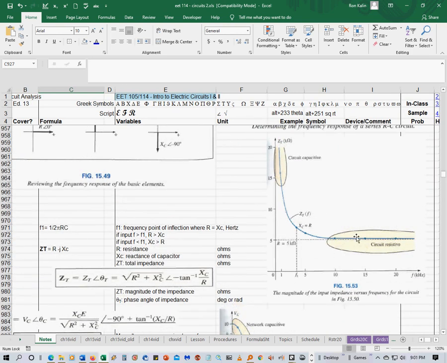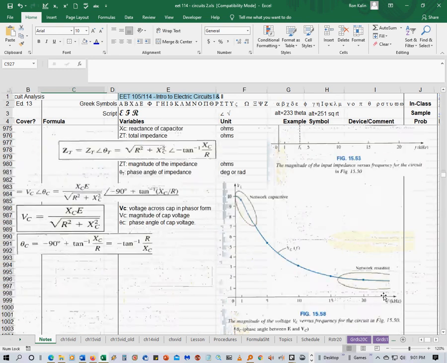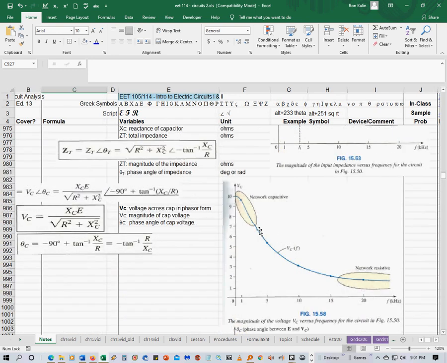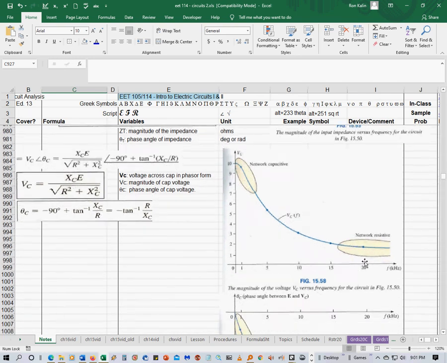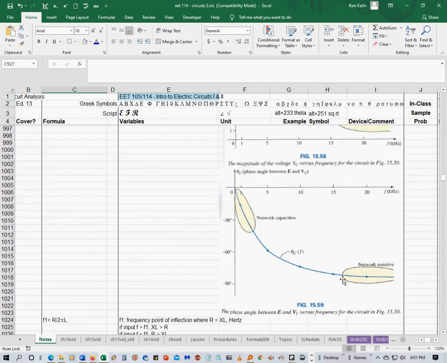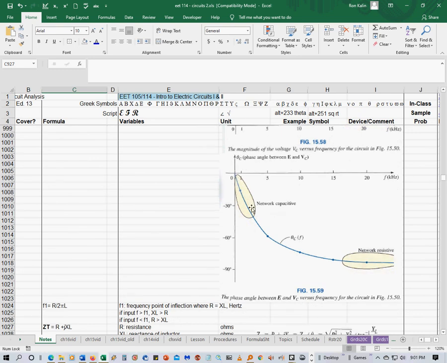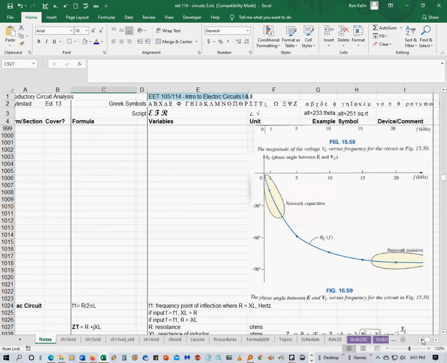You can see that the impedance Z sub t, as it changes with frequency, gets very, very small. So then the voltage across the capacitor, as the frequency increases, is also going to get really small. It's going to follow that. And the phase angle starts off as 0 and it goes to almost negative 90 at the high frequencies.